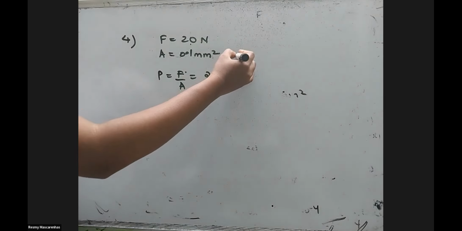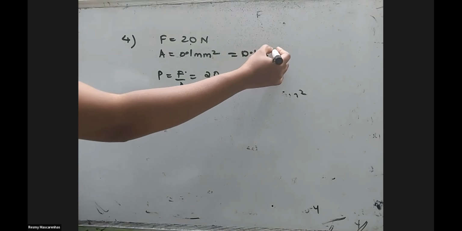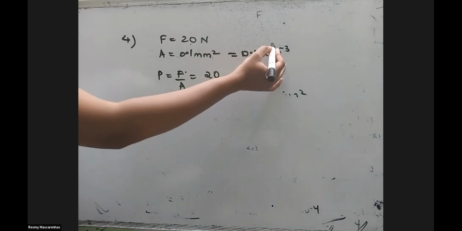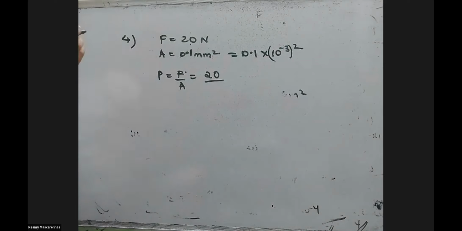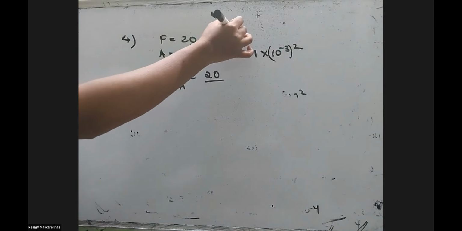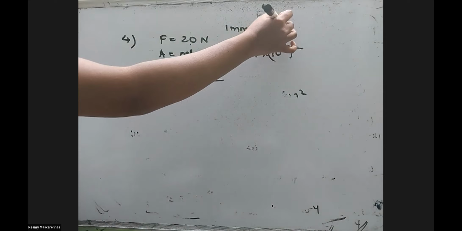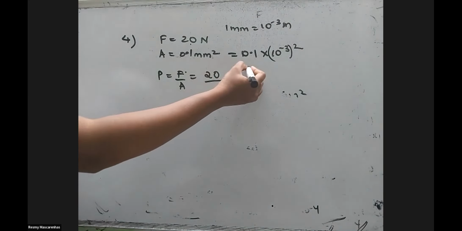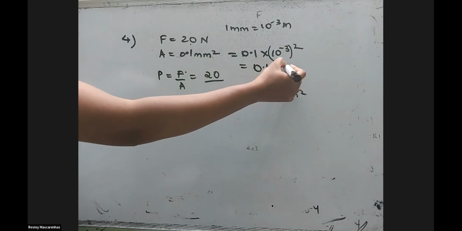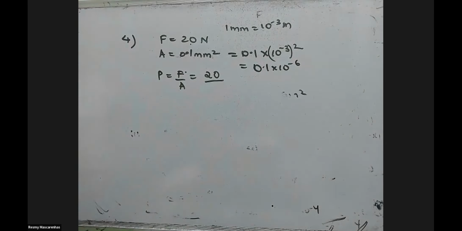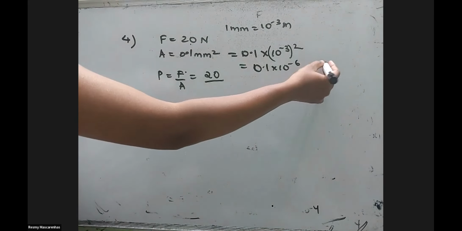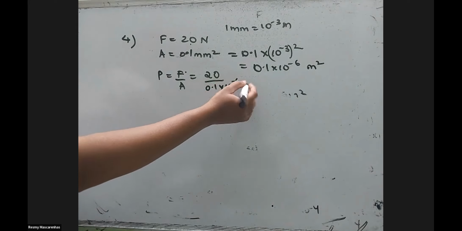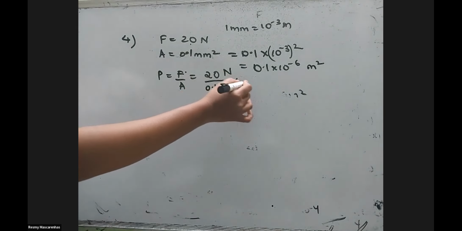So this will be 0.1 into 10 raised to minus 3, then whole square, because 1 mm is 10 raised to minus 3 meter. This will be minus 7 meter square. This is Newton, and this is meter.